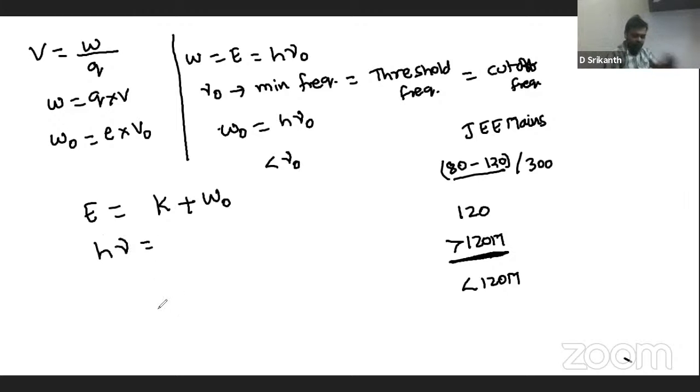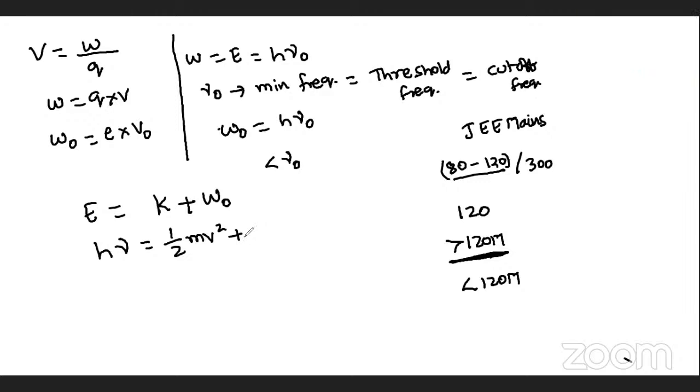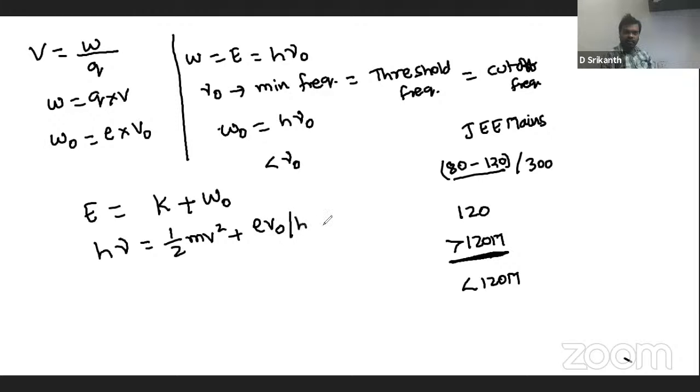Kinetic energy is half mv square, plus work function, that is charge times minimum potential, I can write e V naught or h nu naught, depending upon the input quantity.